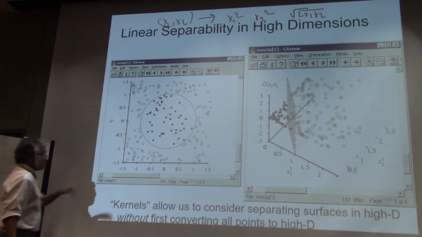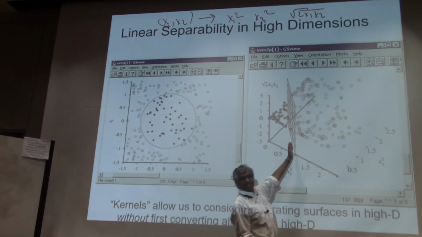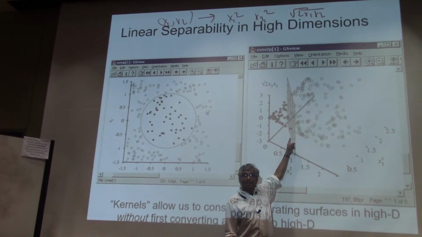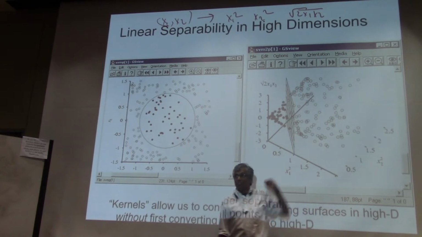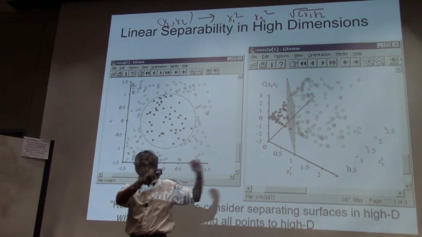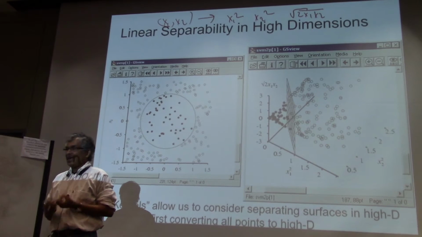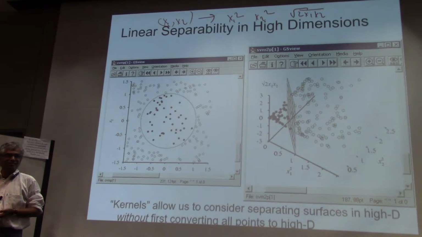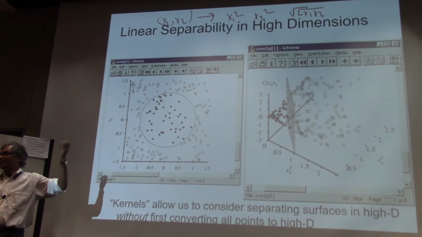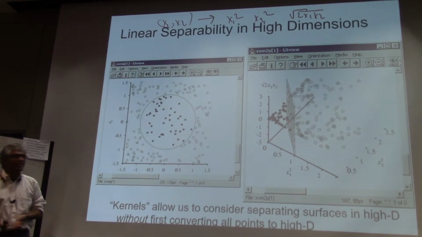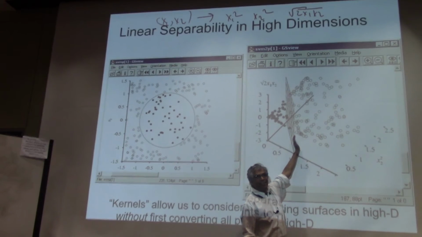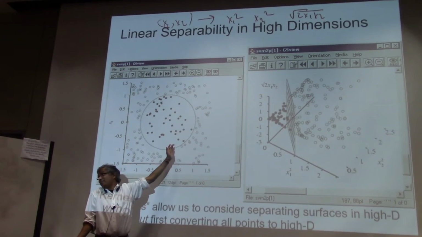Now, if I find the equation of this plane in these new coordinates, I can always invert it back to this. Voila, I basically did line separation here, and I came back here, it became a curve.